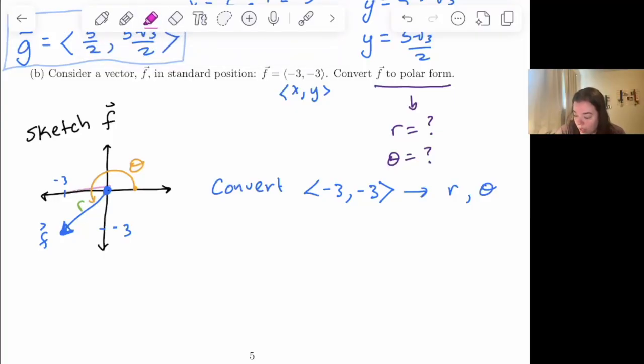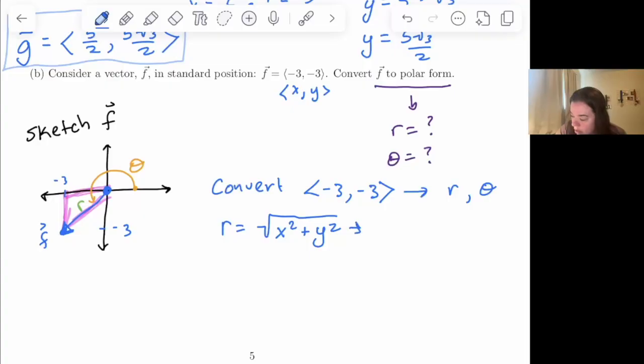If you were to draw a right triangle, trying to just highlight that in pink, you could use the Pythagorean theorem to find the r value, the magnitude of this vector. So the conversion factor above lists r equals the square root of x squared plus y squared. But just think about that. All that is, again, is a Pythagorean theorem to find the length, the hypotenuse of that triangle.